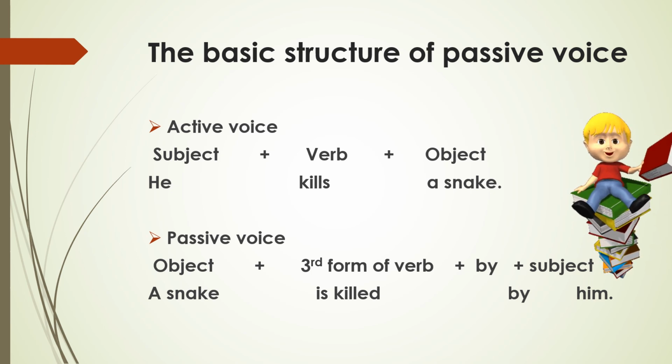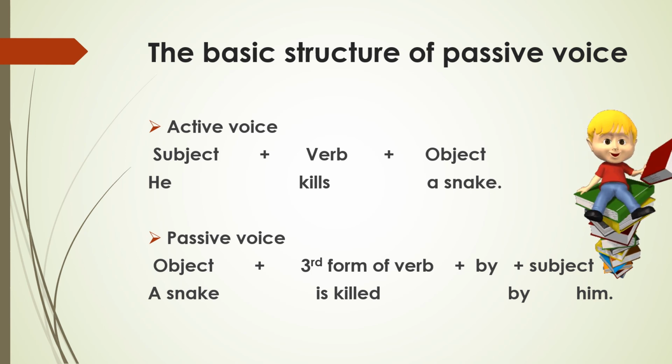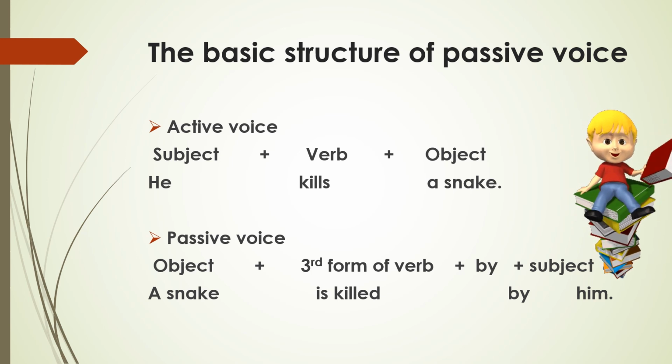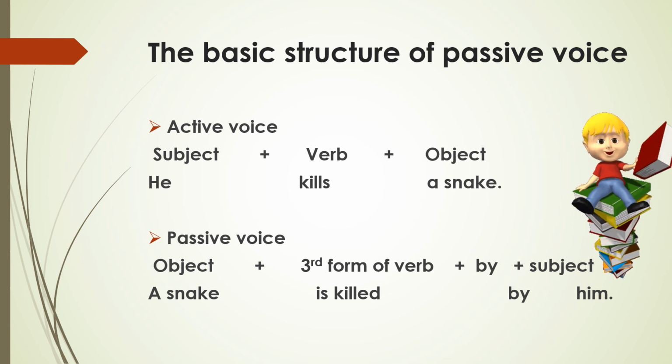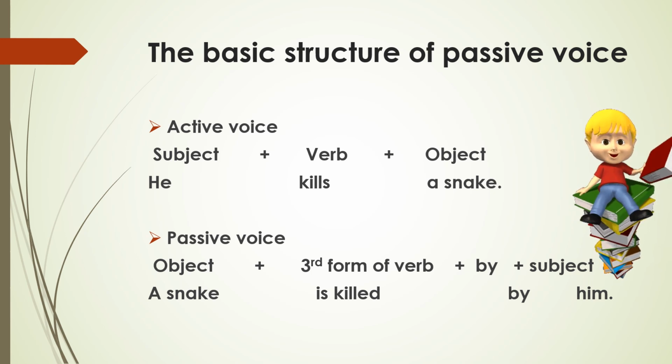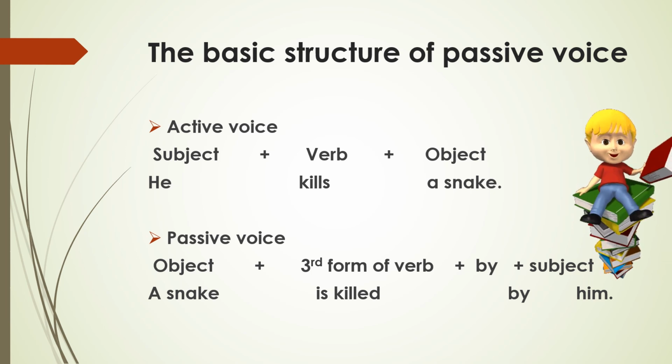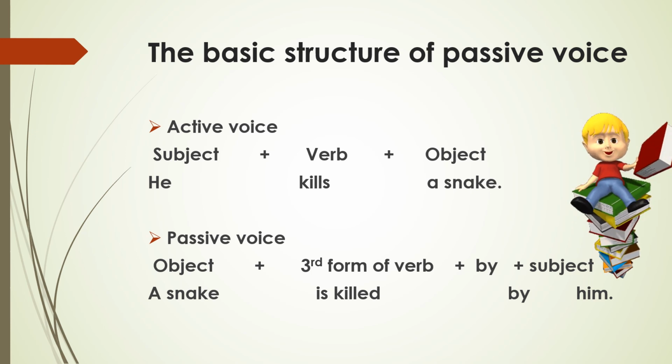This is the order of active structures as well: first there is a subject, followed by a verb, then an object. As you can see on the screen, for example, he kills a snake. This is an active structure in present indefinite tense.